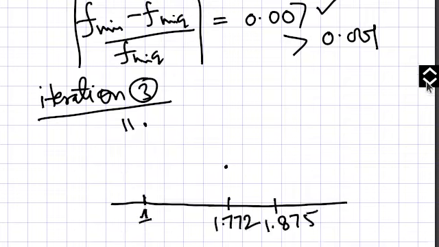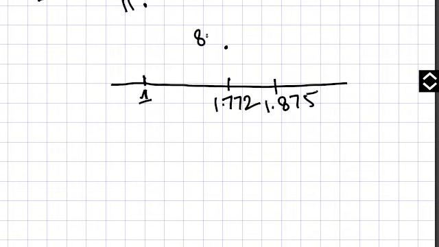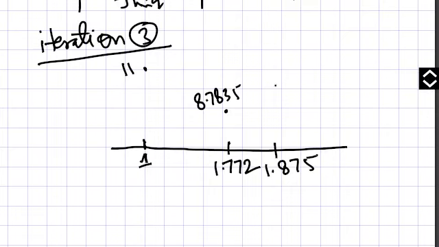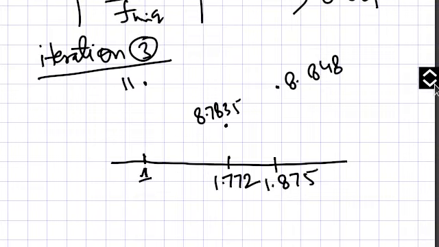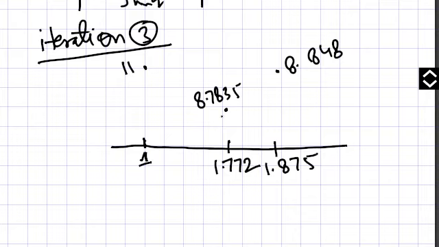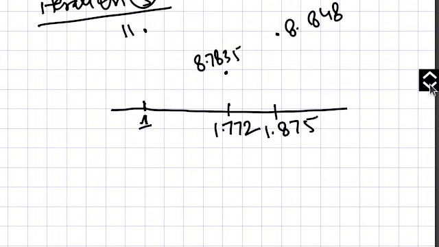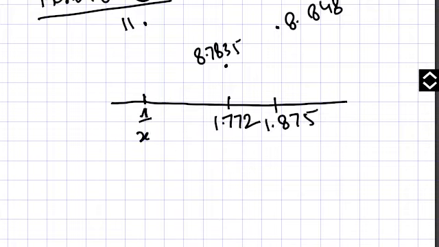So this is the new point here, and here the value is 8.7835, and on this point the value was 8.848. At first we were considering this is the minimum, but after doing the iteration we got a lower value than that. So this time we will take this x1, x2 and x3.